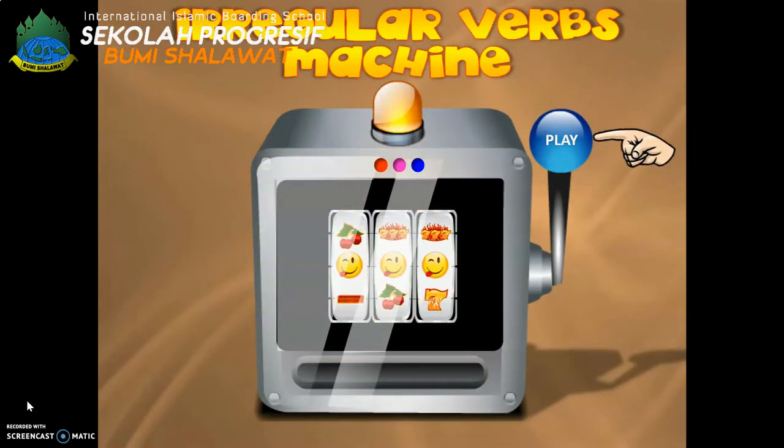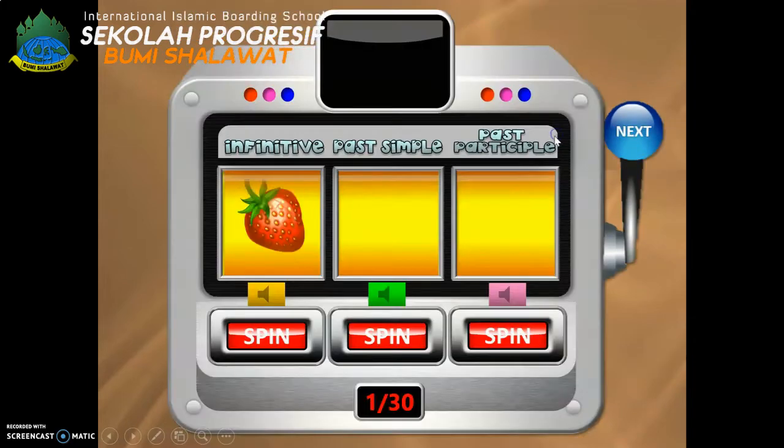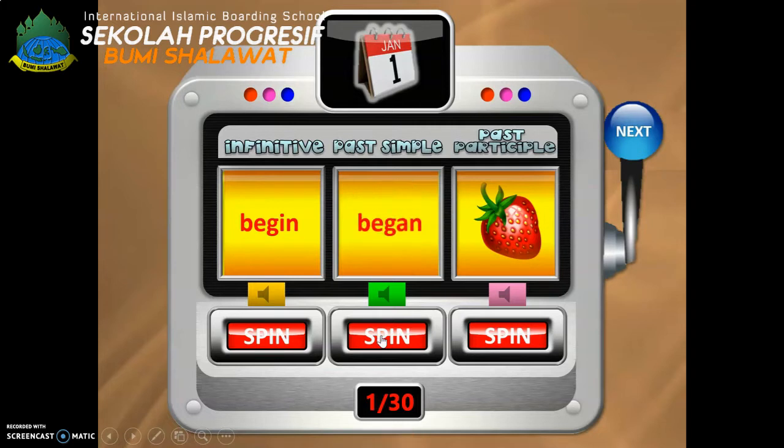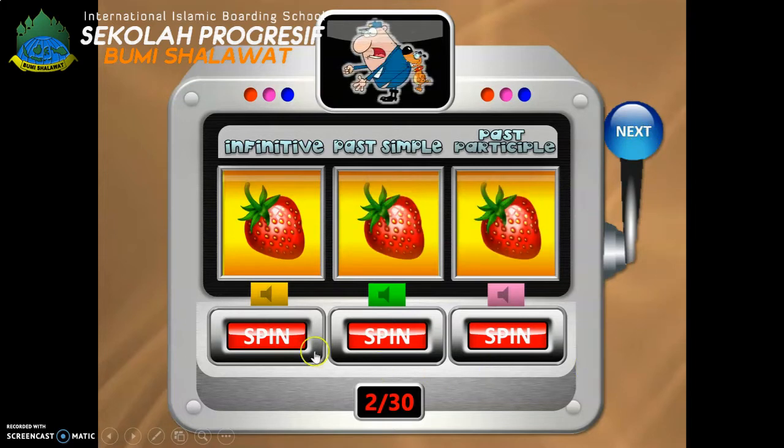Okay, now let's play for irregular verbs to enrich your vocabularies. Begin. This is for infinitive or verb 1. We change into verb 2 or past simple, began. And then for verb 3, begun. For the next vocab, what is that?